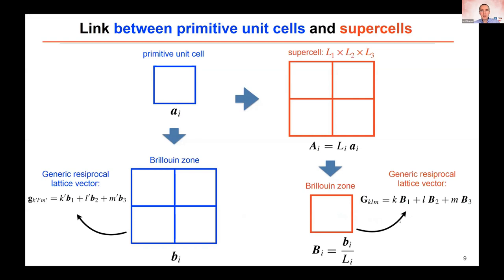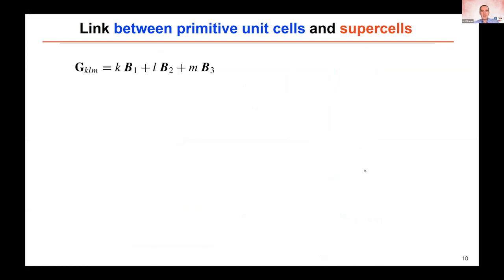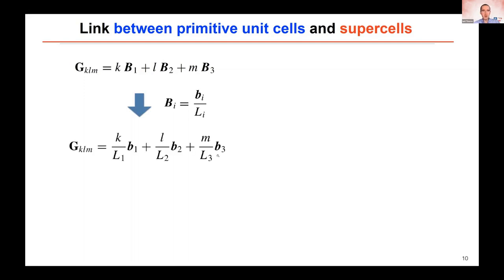Okay, that was pretty basic, nothing extraordinary here. And now this is really the key slide. This is the expression of the generic lattice vector of the Brillouin zone corresponding to the supercell. And since we know that capital B is small b divided by L, we put it in the definition, and we obtain this modified expression.